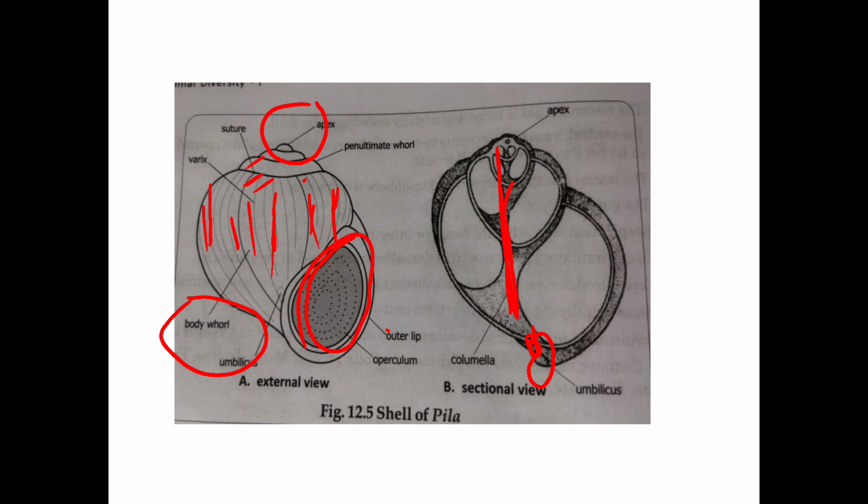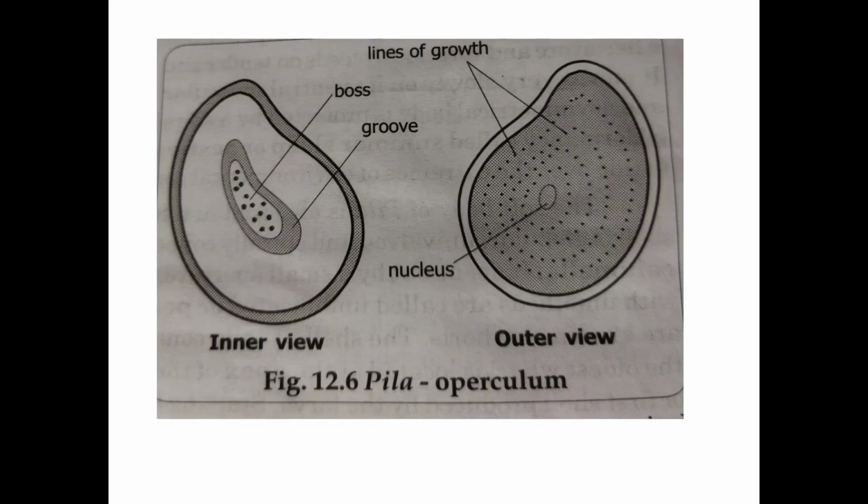The operculum carries many lines of growth around a small nucleus.